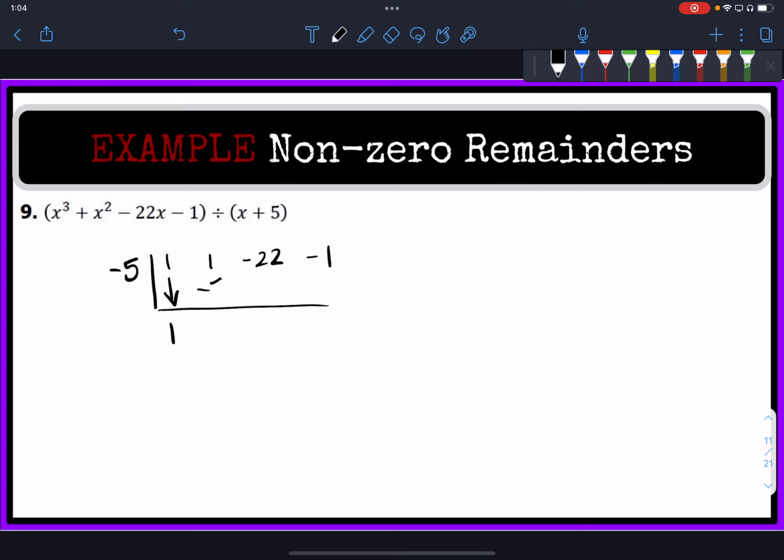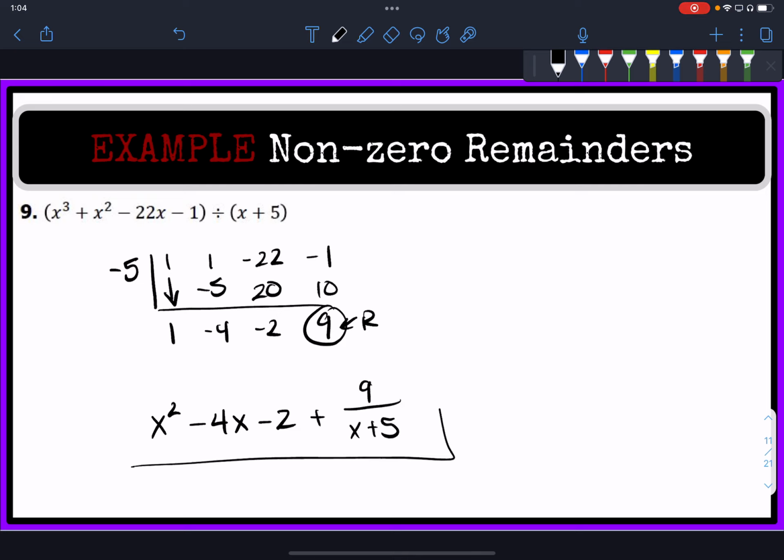So multiply, add, multiply, add, multiply, add. So here is my remainder, and my answer is 1x to the second power minus 4x to the first power minus 2, and then plus my remainder of 9 over x plus 5.